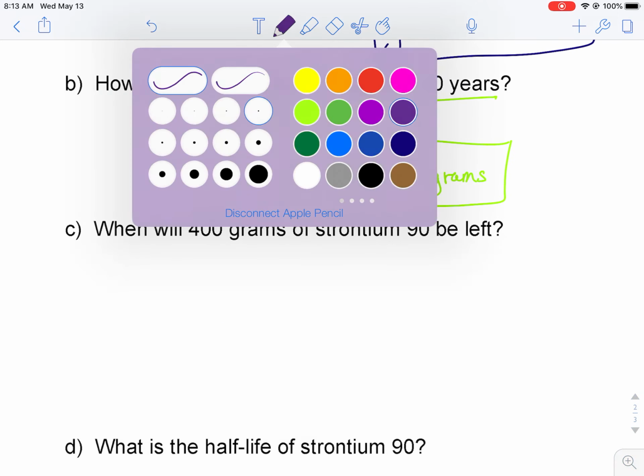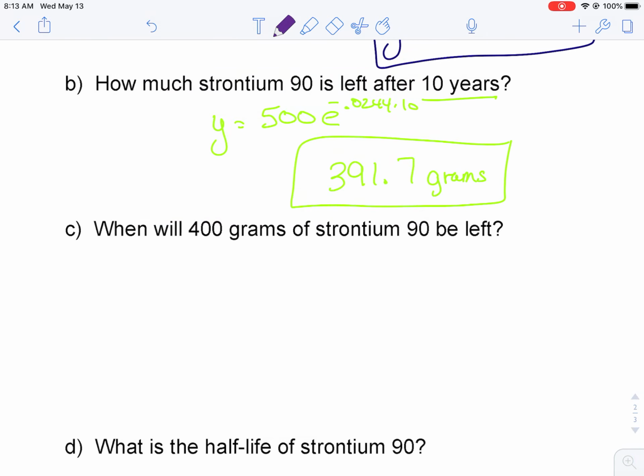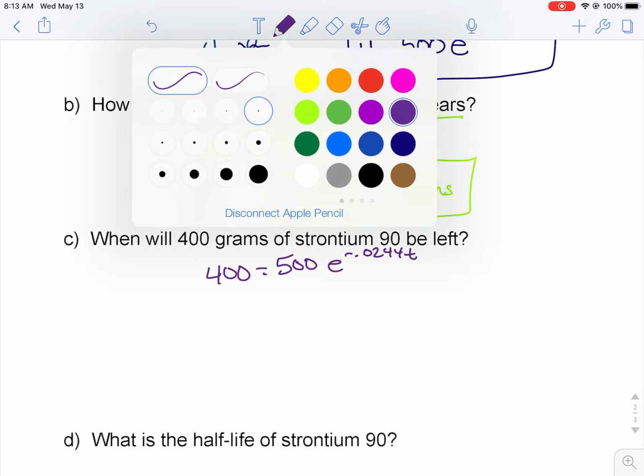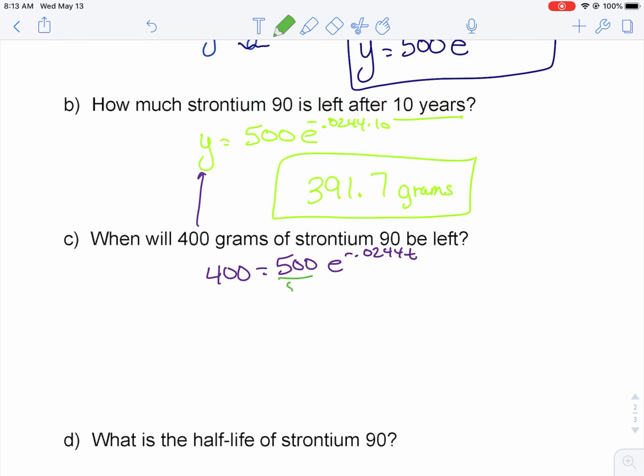Okay, the next one says, when will 400 grams be left? So that means my y value has to be 400, so it's 400 equals 500 e to the negative 0.0244t. And just like we did on the last problem, our first step is to divide by 500. That gives us 4/5. Or you could plug it in to your calculator and get a decimal too, that's okay.